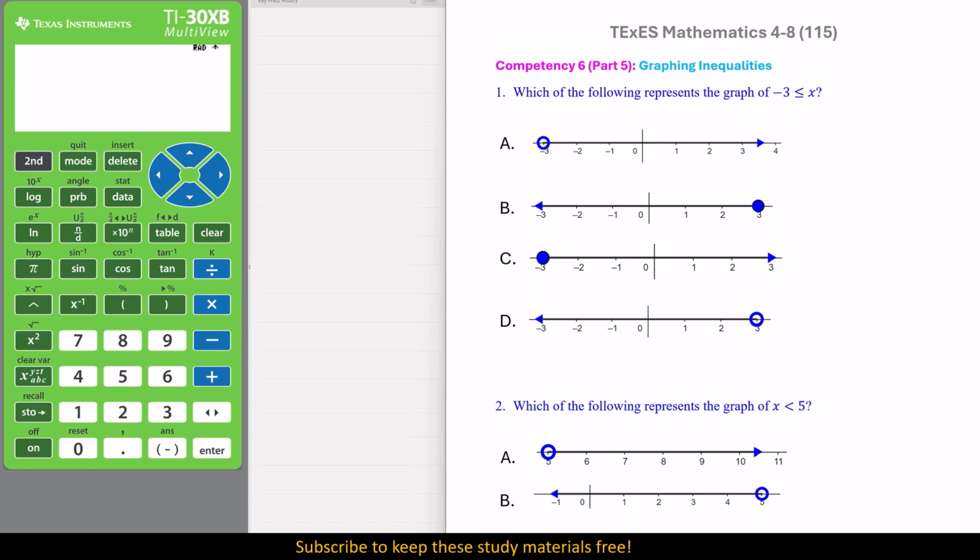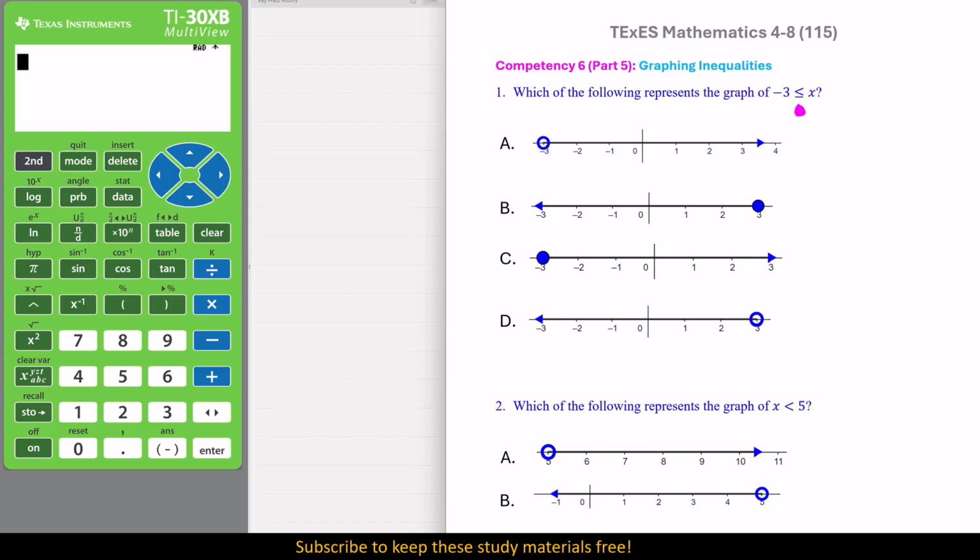Okay, number 1. Which of the following represents the graph of -3 is less than or equal to x? Meaning that, 1, we need a closed circle to show that we have not just an inequality, but an equal situation.